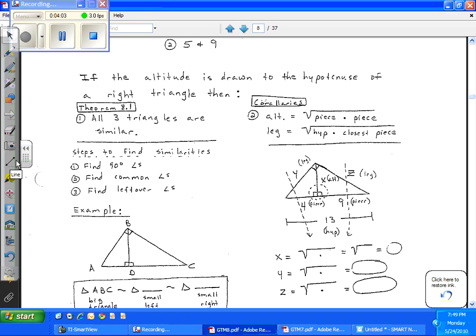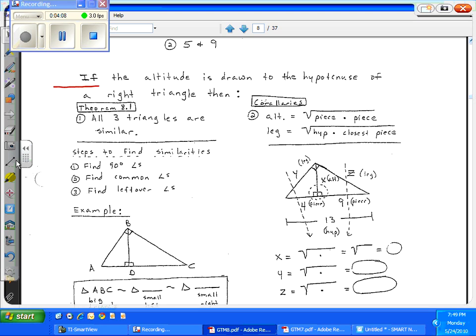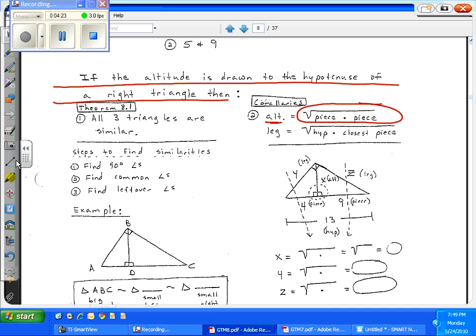Now, if the altitude is drawn to the hypotenuse of a right triangle, then the altitude is the geometric mean.